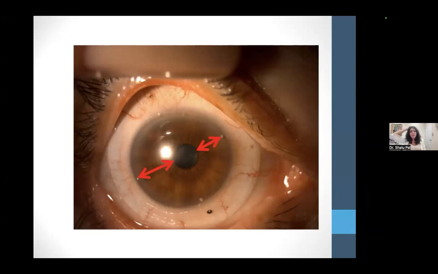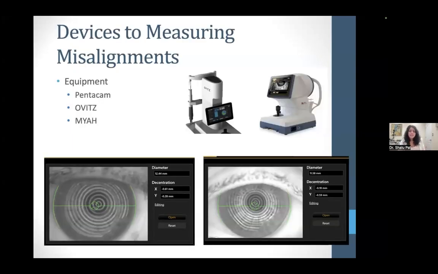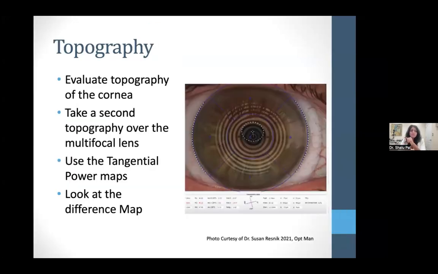And I was like, oh my God, I'm going to start looking at pupils, because if their pupils are not lined up with the center optics of a multifocal contact lens, we're going to get all of these issues. There are devices that will help you measure misalignment, but your slit lamp is great enough. You just have to look and see where the center of their pupil is.